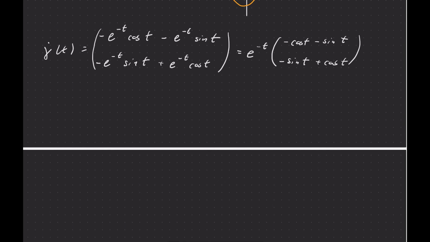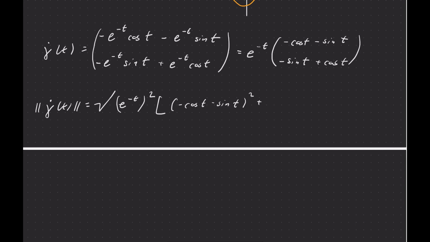Now that's the derivative. What we need is actually the norm of that derivative. So that is the square root of, let's see, we have e to the minus t squared. That's a common factor. And then we have this (minus cosine t minus sine t) squared, plus that second factor here, (minus sine t plus cosine t) squared.